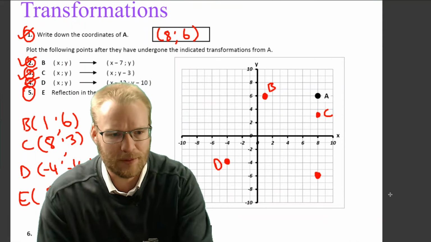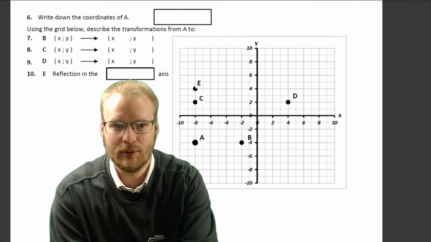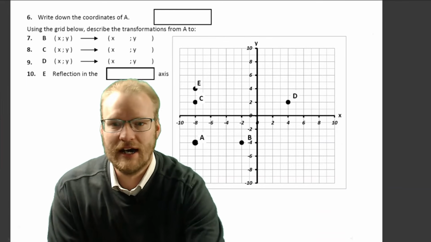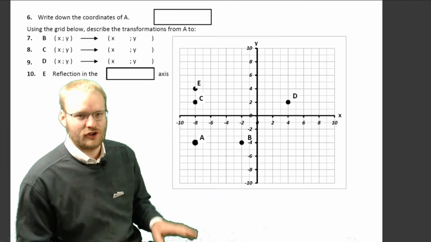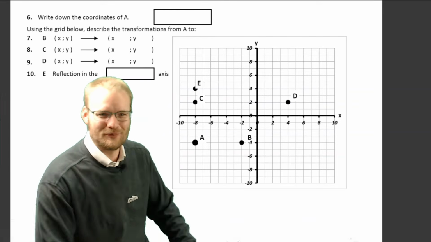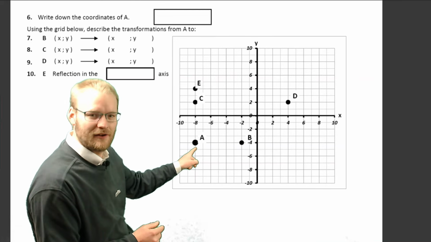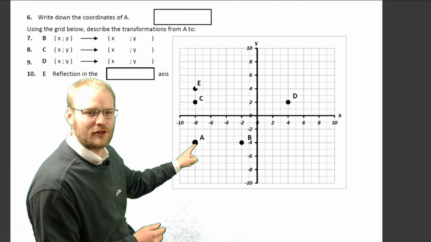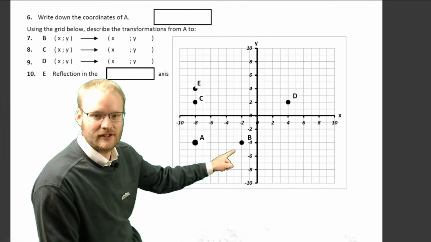Okay, cool. So let's do the same thing, except this time we're given the points, and now what we need to do is determine what the transformations are. Cool. So we've got point A. Now point A is over there, and we need to work out what the coordinates of point A are. So remember, it's the x value and then the y value.